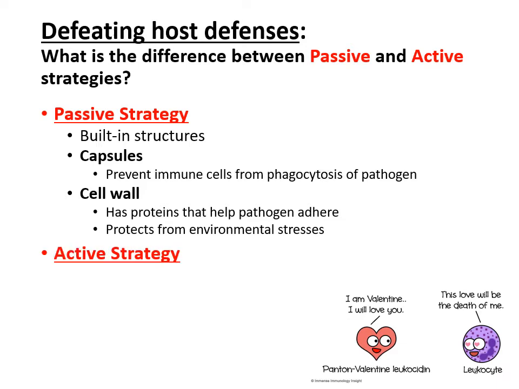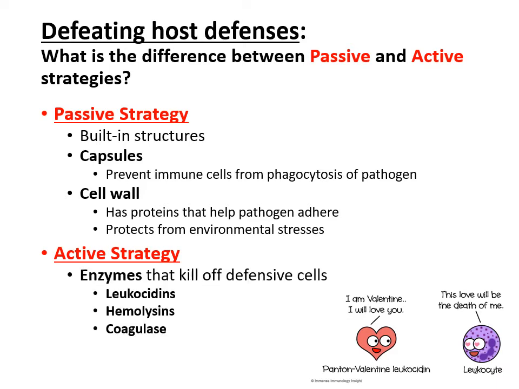Whereas for an active strategy, if you are active, you've got a lot of energy, right? You've got a lot of movement. So for active strategies, now the bacteria is going to be doing something active. It's going to be producing something, secreting something. You've got movement here, right? So an active strategy would be any of the enzymes that they produce and release to kill off your immune cells.